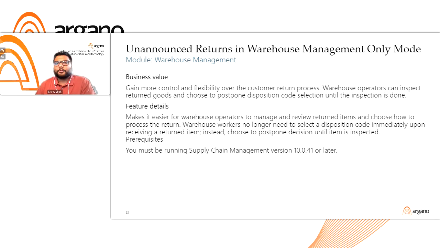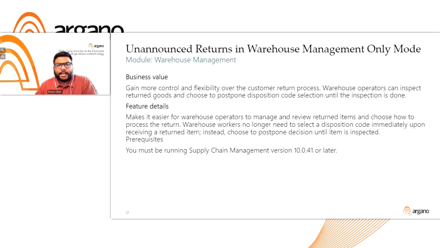Next one is in the warehouse management module: unannounced returns in warehouse management only mode. So unannounced return handling in supply chain management was released a couple of releases back, but now it is extended to the warehouse management only mode. This feature basically does the same functionality.